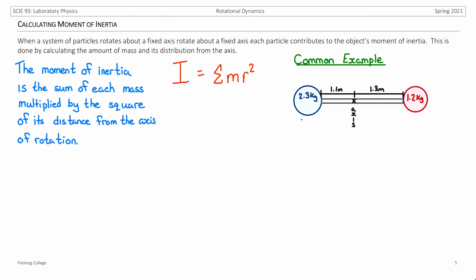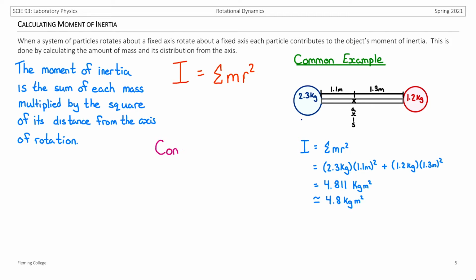If we take our formula, I is equal to the sum of mass times radius squared, then we would have 2.3 kilograms times 1.1 meters squared plus 1.2 kilograms times 1.3 meters squared. Calculating all this, we would get 4.811. And notice that our units are kilograms meters squared. Considering significant digits, this would be approximately 4.8 kilograms meters squared.